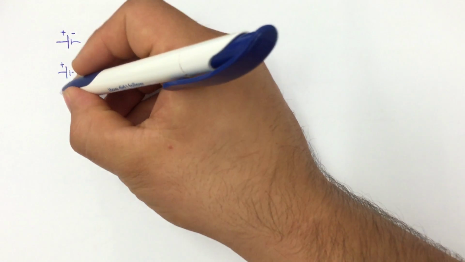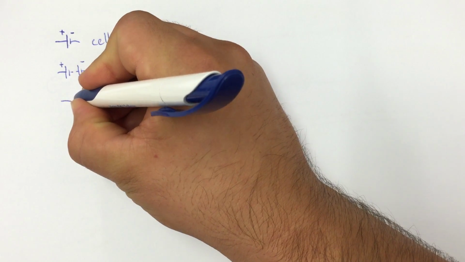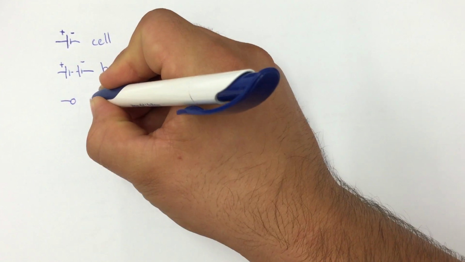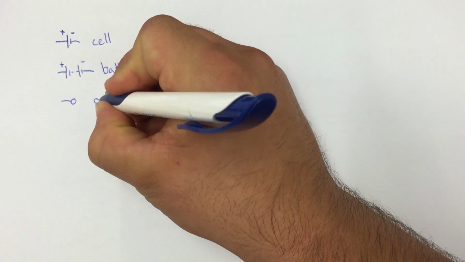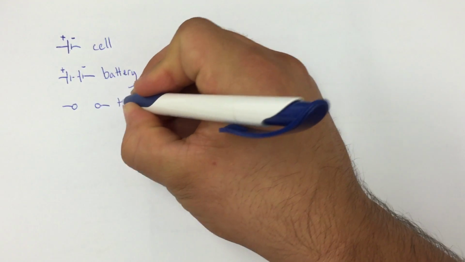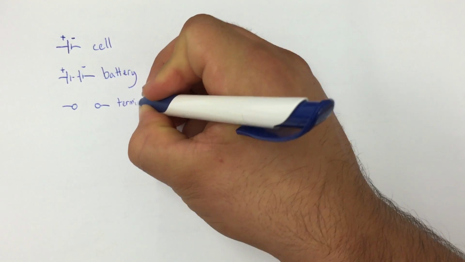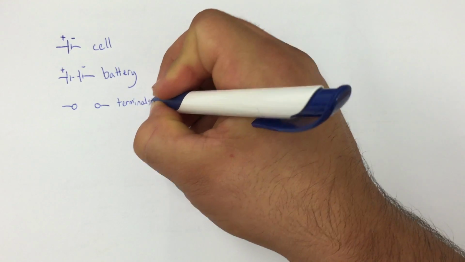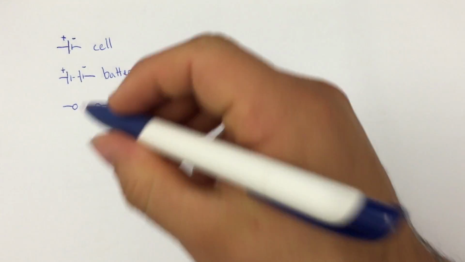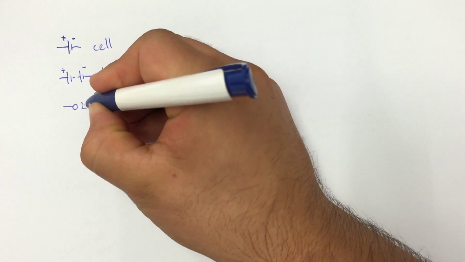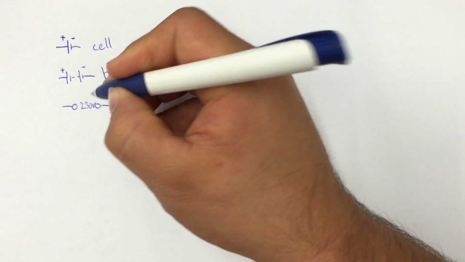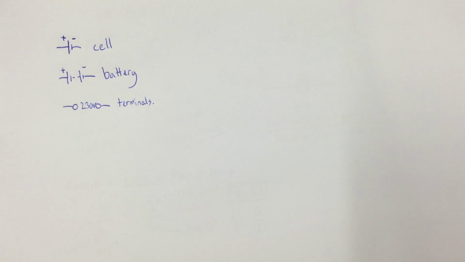Another way of doing it is just to show terminals. Sometimes in electric circuits we can be lazy, and sometimes we don't want to include the whole circuit. So we might include terminals and just say there's 230 volts between here, so maybe that's been plugged into the mains or something like that.